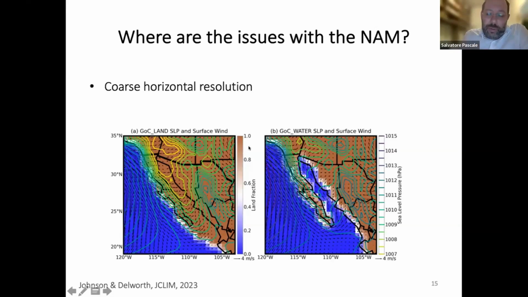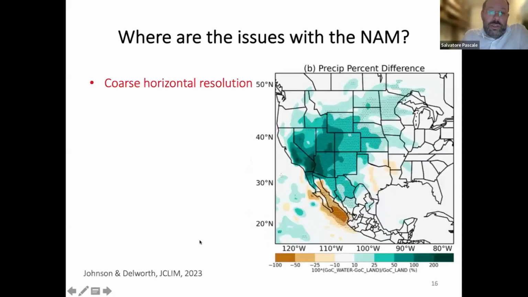So it's a very large impact on the low-level flow, which turns into a large bias in precipitation, basically an underestimation of rainfall over a large part of the southwestern US and northwestern Mexico, okay? That bias comes from the fact that the model has too coarse a resolution to resolve these geographical details in a region which is very small and narrow.